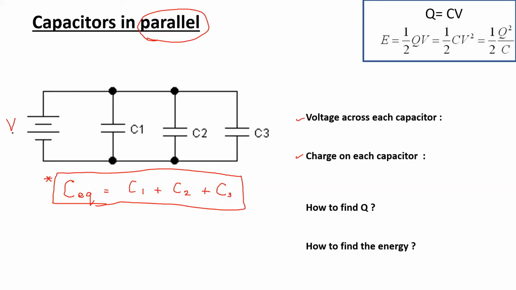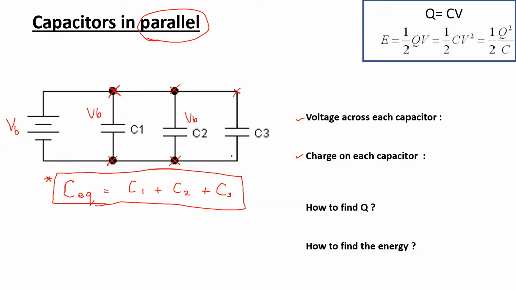So this is my capacitor, this is my battery. Let's say the voltage is V_B. If the voltage across this battery is V_B, the voltage across all the three capacitors is also V_B, right? The voltage across this is V_B. Voltage across this one is also V_B.